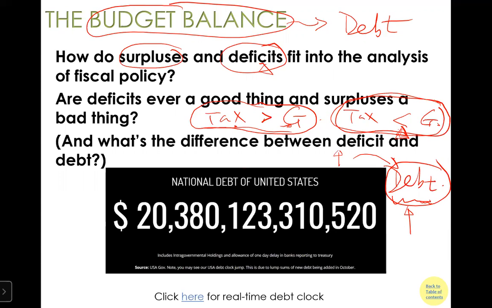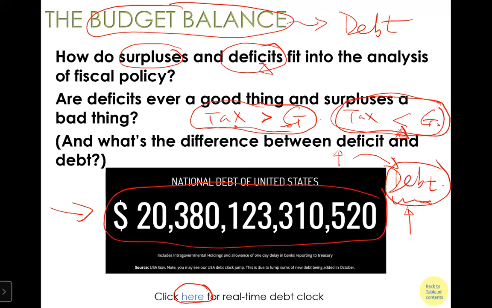For the United States, this is how the total debt looks. If you click the link here, you're going to see the debt is increasing. But the absolute value doesn't tell you too much. A more meaningful way is to look at debt as a share of GDP.